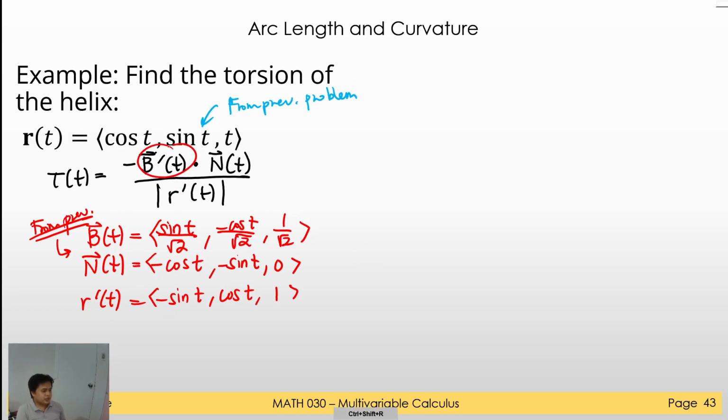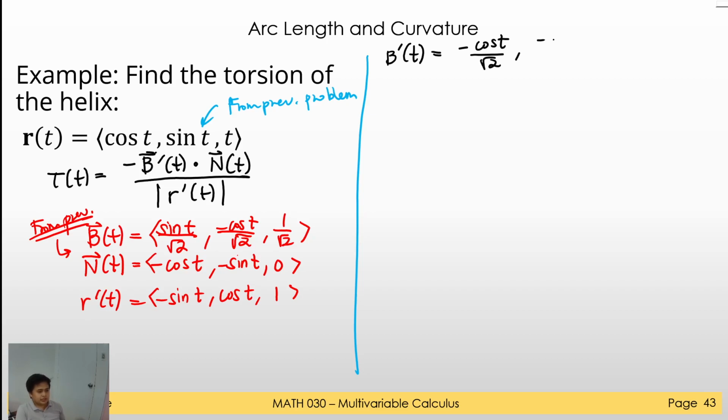We can solve for the first derivative of the binormal vector. So for the binormal vector derivative, we have negative cos t over square root of 2, and then negative of negative sine, so this will become sine t over the square root of 2, and then 0.